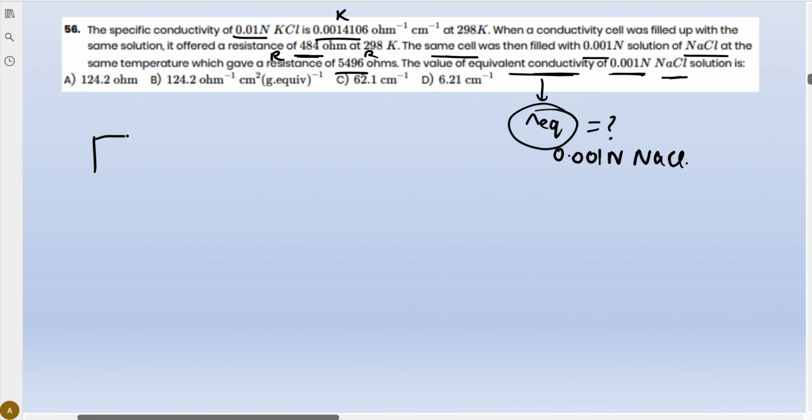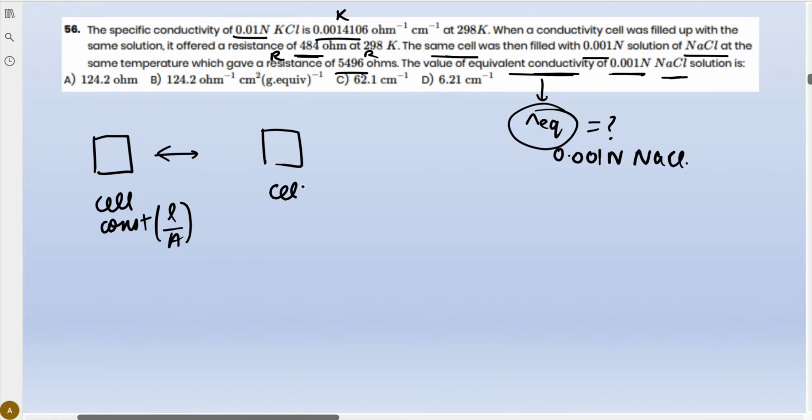Now two cells were there, the same cell was used in both, so their cell constant is equal. Now cell constant, you know, it is L by A. Now they have given the cell constant as equal. In the first cell they put KCl, and in the second cell they put NaCl. In the same cell they have used, here resistance.